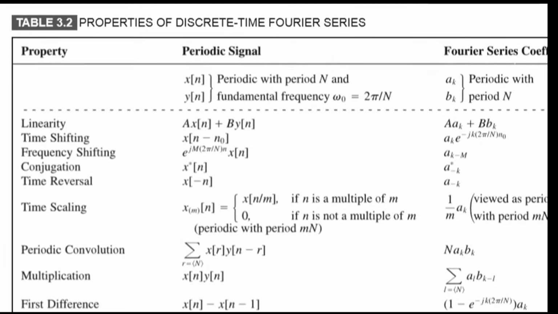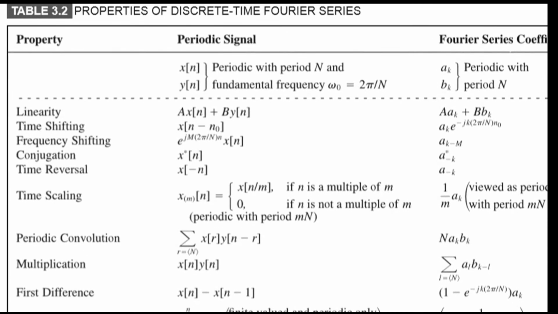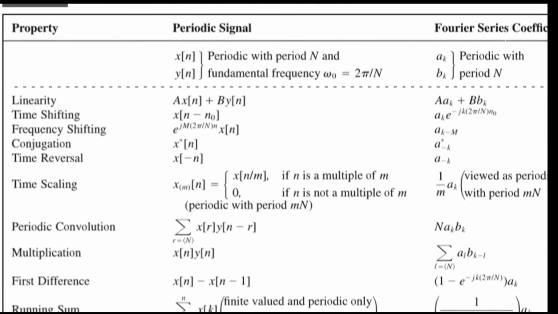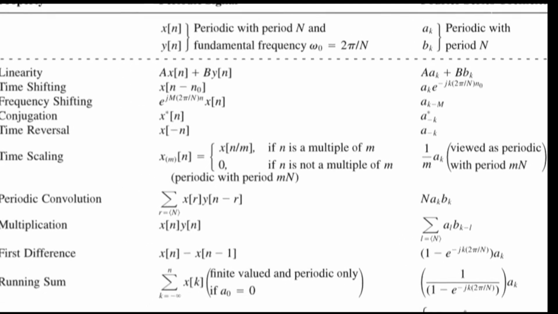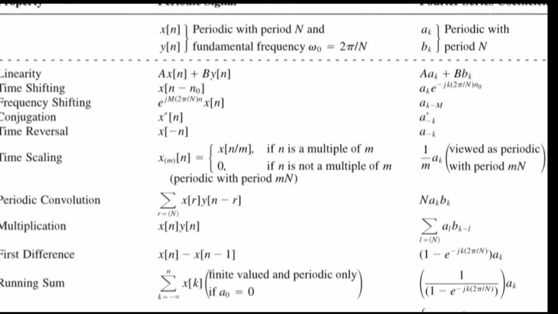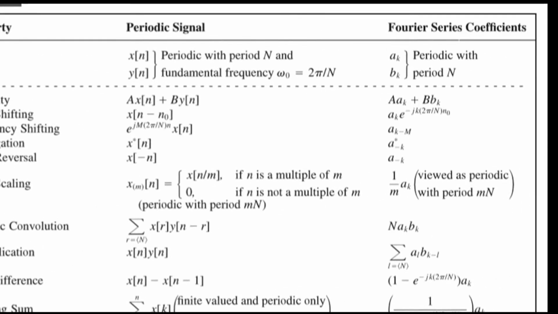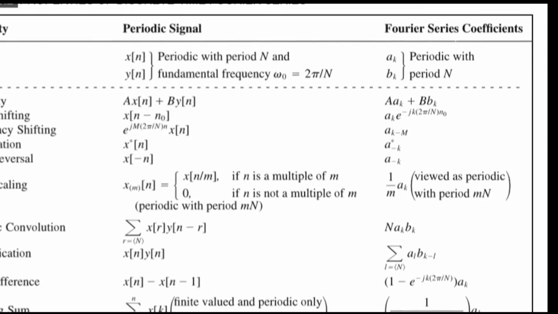Frequency shift is similar, and conjugation and time reversal are basically the same. So you do conjugation on your signal, then you get conjugation and minus k on your coefficient, and do time reversal, then you get basically frequency reversal on your series coefficient, so minus n gives you minus k here.